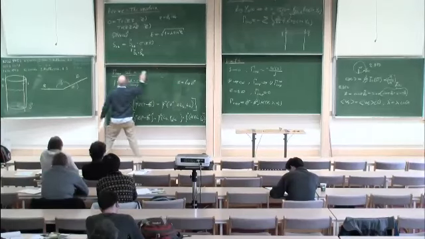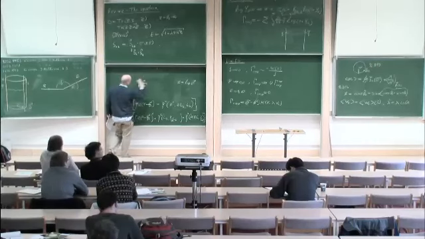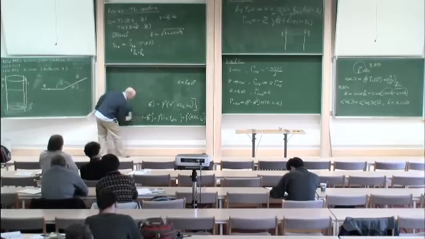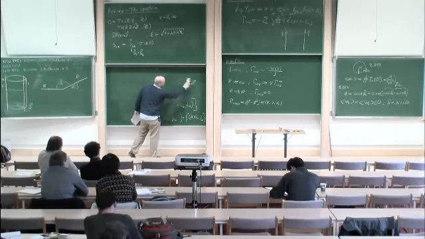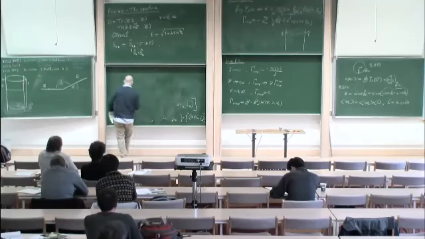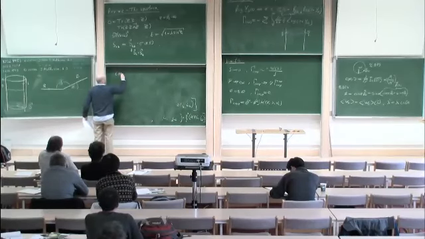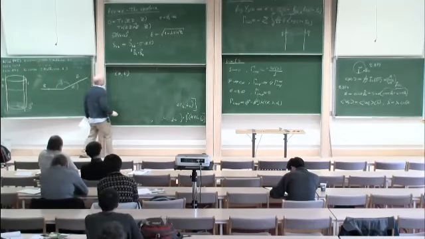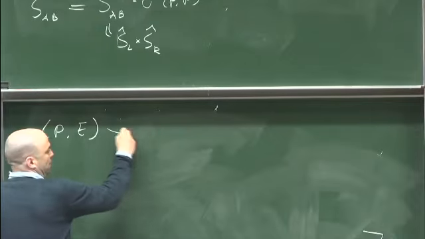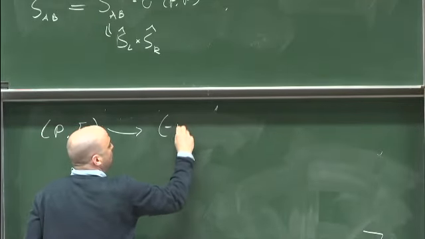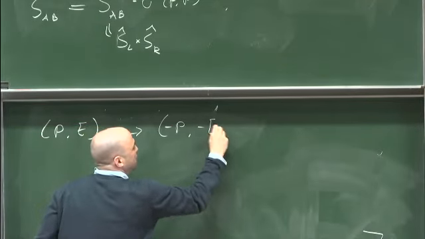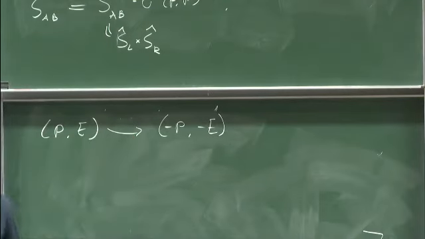Crossing is the following condition. Suppose we have a particle of some momentum p and an energy E. We can do an analytic continuation into a particle that has momentum minus p and energy minus E. You should think about these particles as like holes in the Fermi sea.